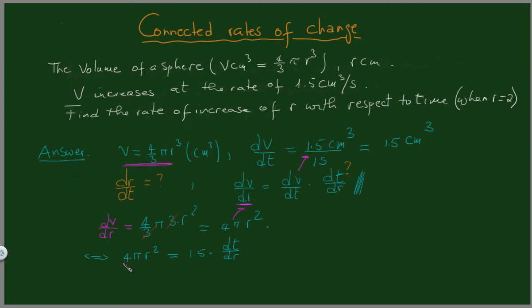So we divide by 1.5 here and here by 1.5. So this is going to give us 4 pi r to the 2 divided by 1.5 equals dt by dr.